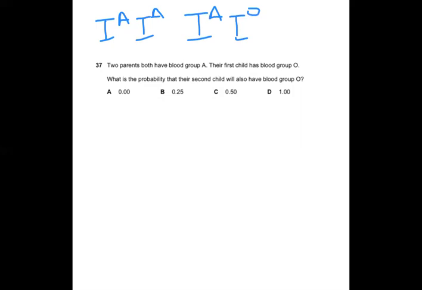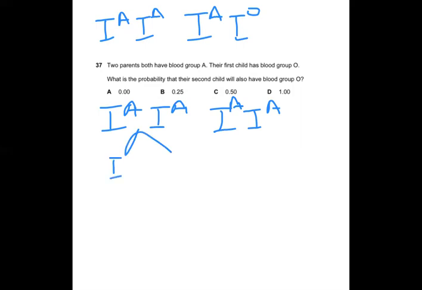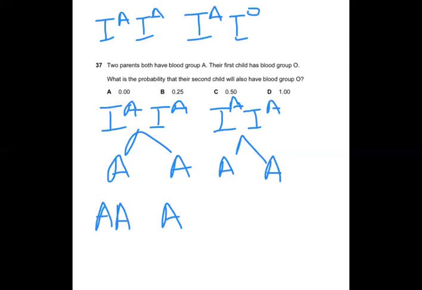So if they have IA IA, all homozygous dominant, I'm just representing the gametes with A. All the offspring will be homozygous dominant.